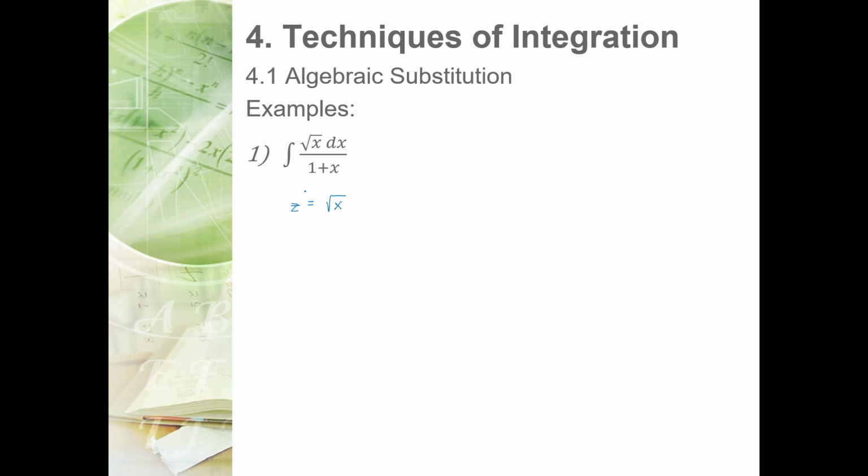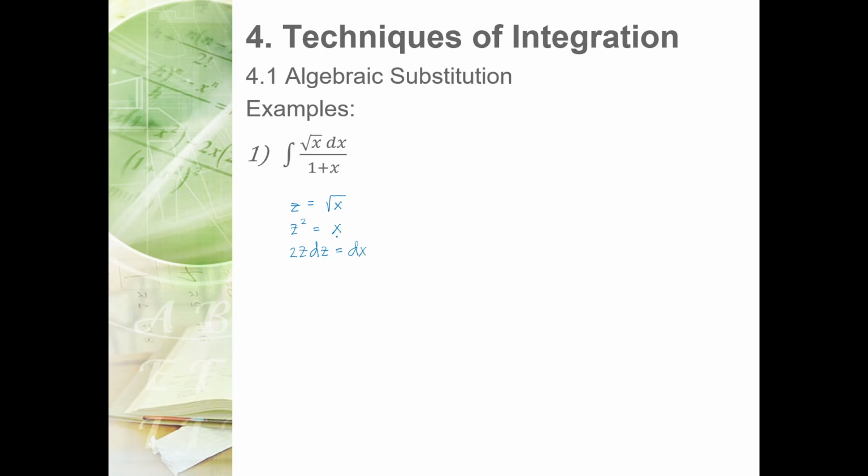Again, we're not interested in getting the derivative directly. After determining that z is the radical expression, we eliminate the radical symbol by squaring both sides. So this becomes z squared is equal to x. All right. Then we take the derivative of both sides. This becomes 2z dz is equal to dx.